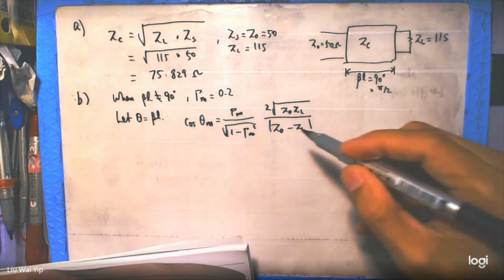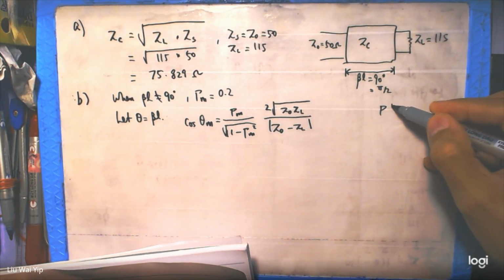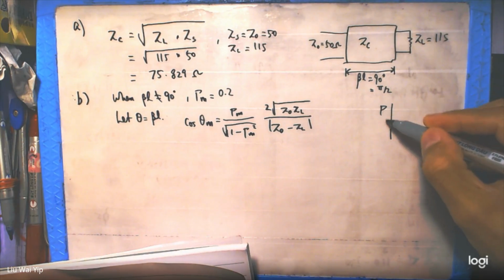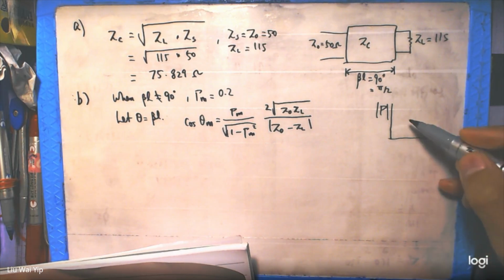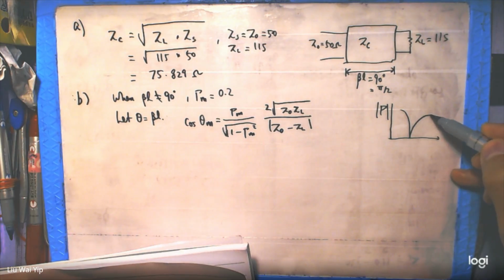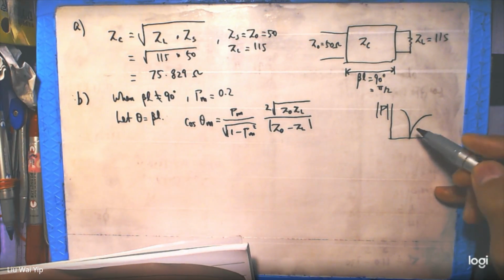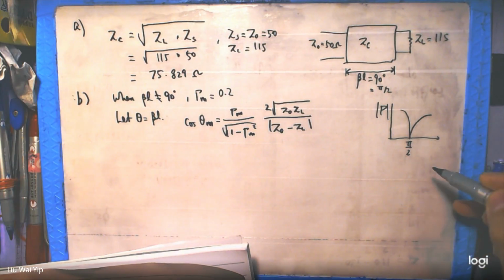So what it means here is if you plot the magnitude of the reflection coefficient, then at exactly 90 degrees you will get a resonance. This is beta L, or just theta.